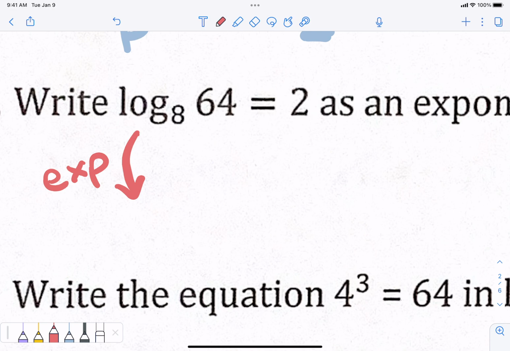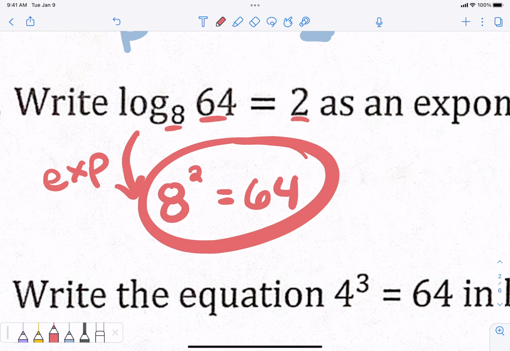There's no e's. You just use the numbers that you have given: 8, 64, and 2. The first number stays in the same spot. The second two numbers switch places. So 8 to the second power equals 64. That's it. They just want you to rewrite it as an exponential function, right? Should make sense, right? Is 8 squared 64? Yeah?